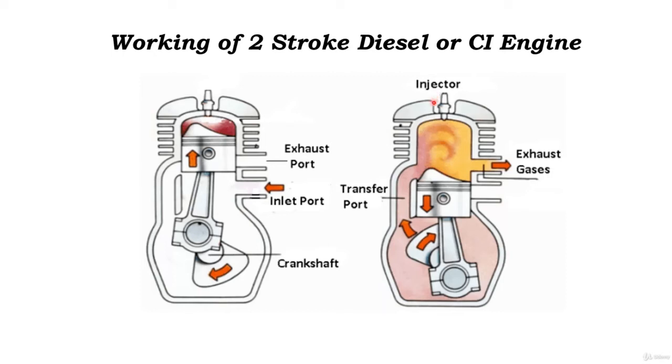Now during the downward motion of the piston, you can also see that a stage comes when, along with the exhaust port, the transfer port gets uncovered, which makes the fresh air get into the cylinder or the combustion chamber. This fresh air helps in the removal of the remaining residual gases from the combustion chamber to the atmosphere. And this process of removing the residual gases from the combustion chamber is called scavenging.